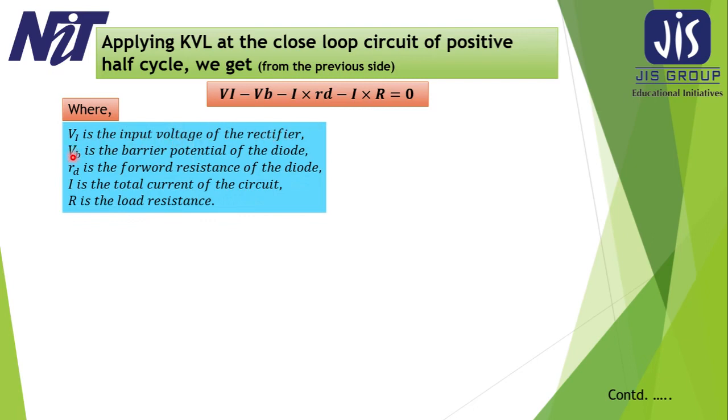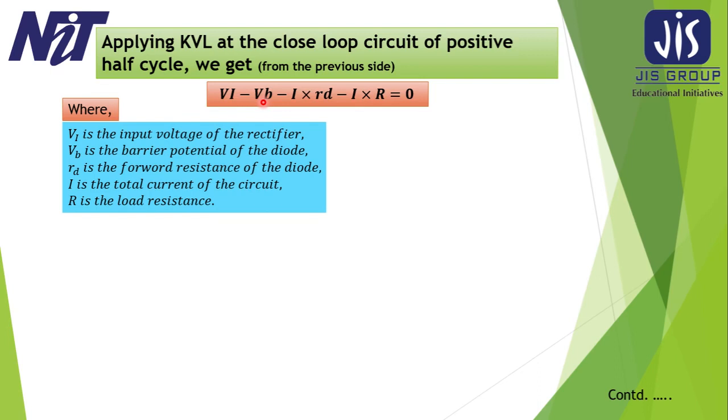We already know VB is the barrier potential, which is mentioned by the manufacturer of the diode. That means this is a constant as per your chosen diode.